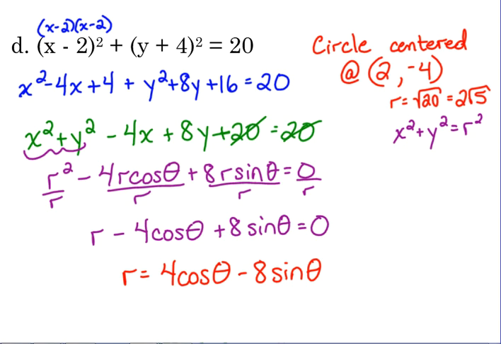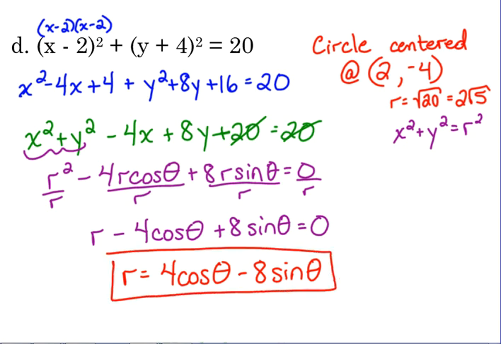Very different equation here. It's still r equals, but it's not r equals a constant. It is r equals an expression with cosine and sine in it. But it still is the equation of a circle.